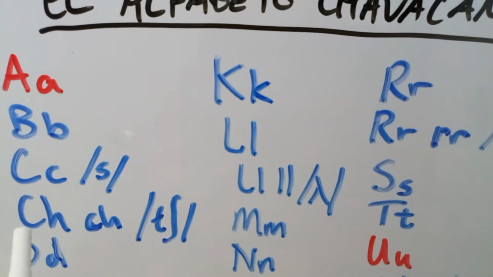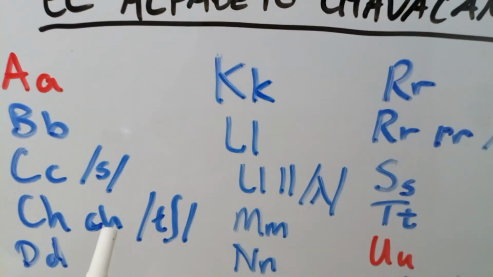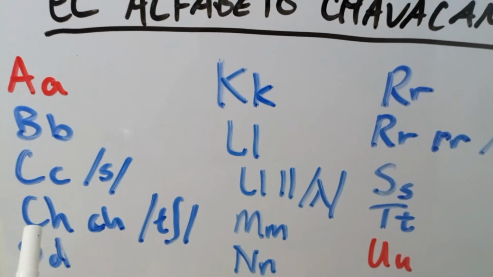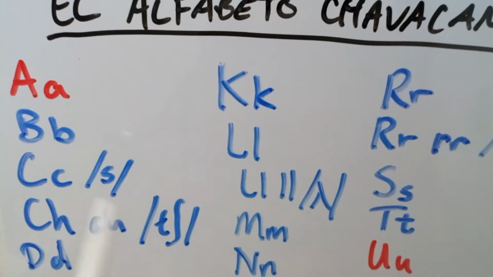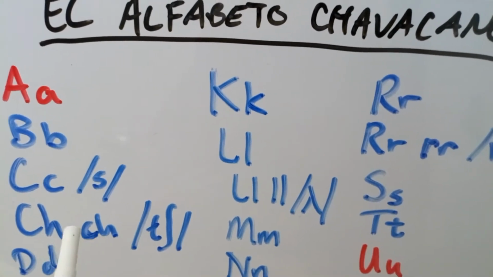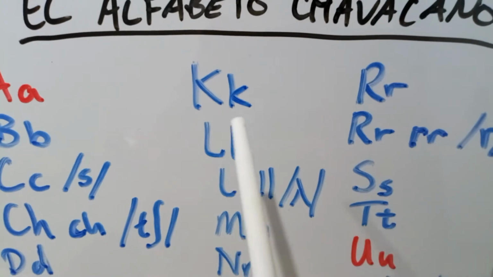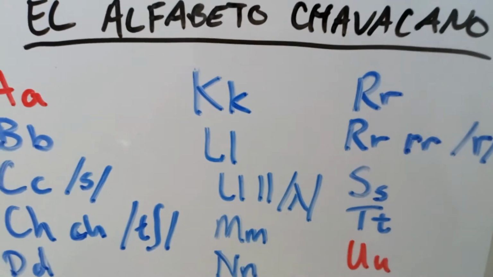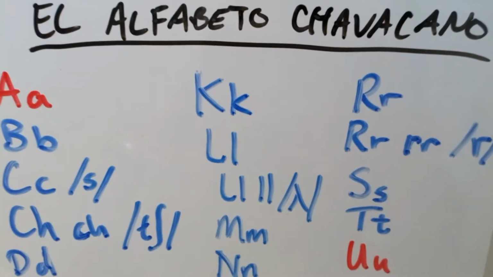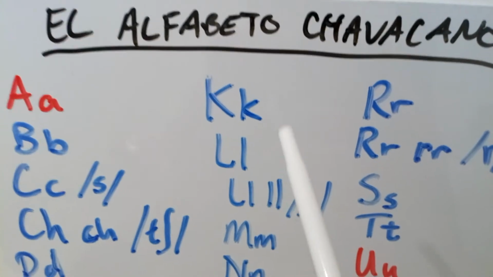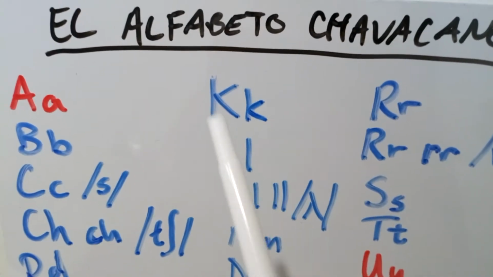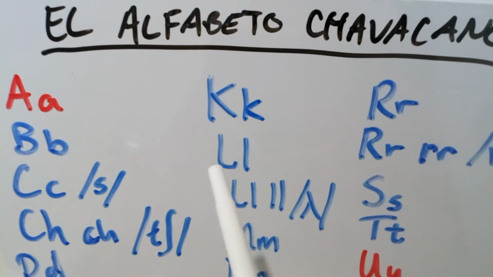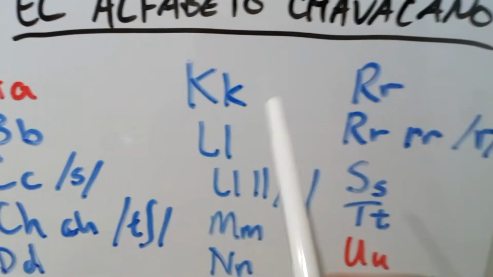Similarly, the che, it's kind of weird because che, in modern Spanish, doesn't exist. So Chavacano preserved this letter, the che. But this letter, ka, actually exists in modern Spanish as well. So it gets pronounced as a k. Whenever you see words with this letter, it will always be pronounced as a k, right?